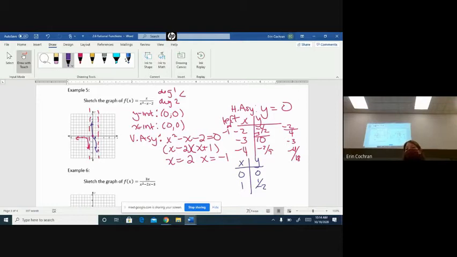And now we need to do the right of 2. So what numbers are to the right? 3 and 4. We can do 5 too, but we'll just do 2. So we have 3 over 3 squared, 9, minus 3, 6, minus 2, 4. So 3/4. Then 4 over 10, which is 2/5.